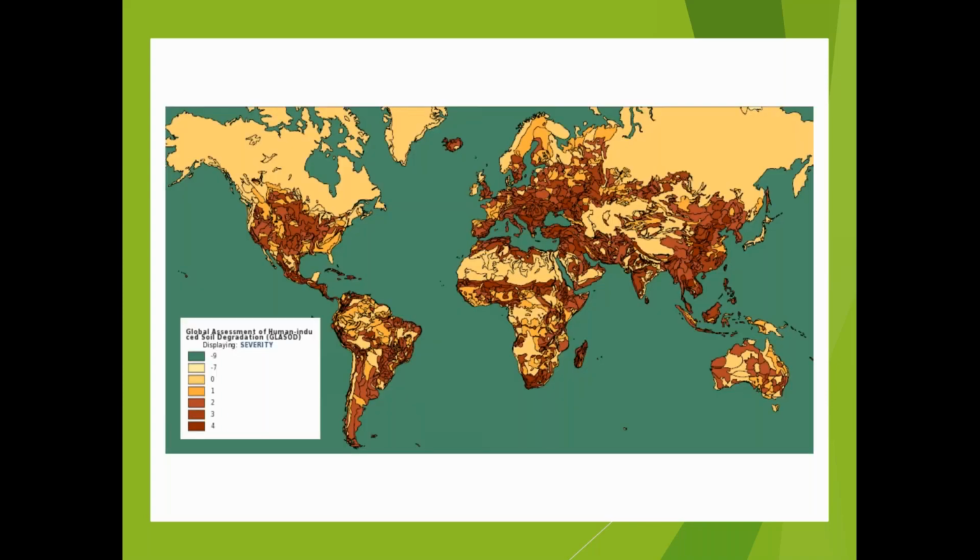But if we look at the global situation, the soil degradation, whether it's a small amount or severe, is still pretty bad. We've managed to keep the soils from blowing away too much, and we've managed to kind of minimize erosion a little bit, but there's other factors in degraded soils.